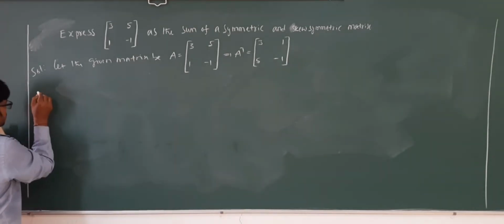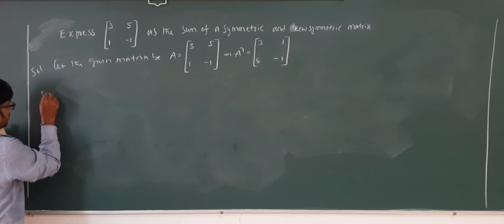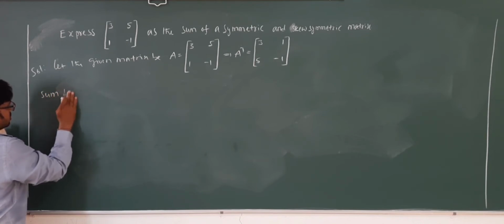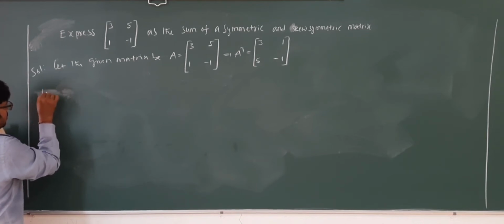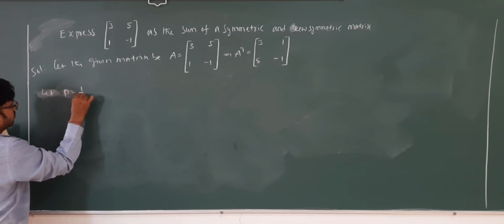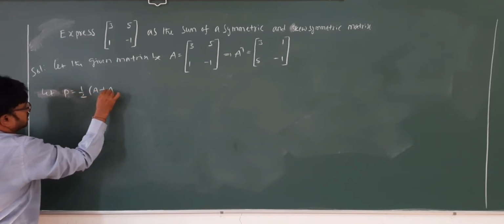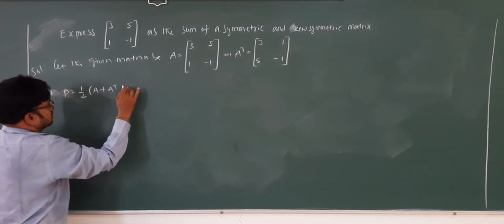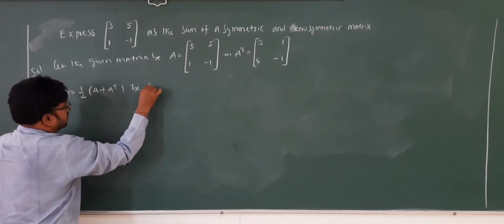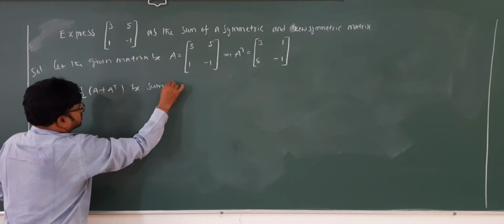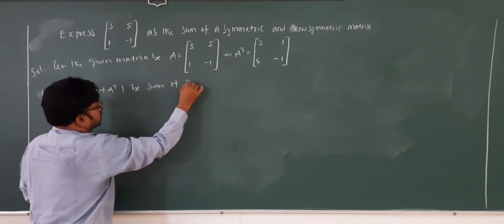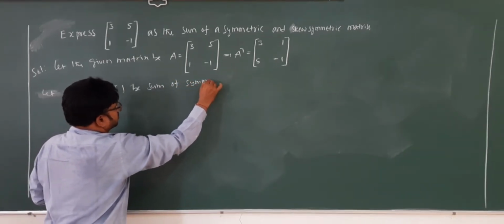Now let P equal to 1/2(A + A transpose) be the symmetric part.